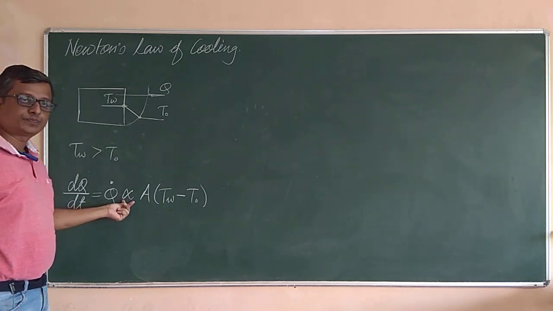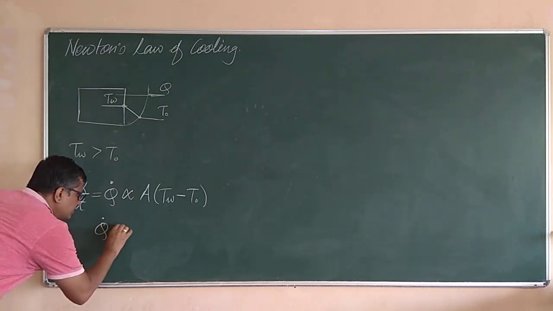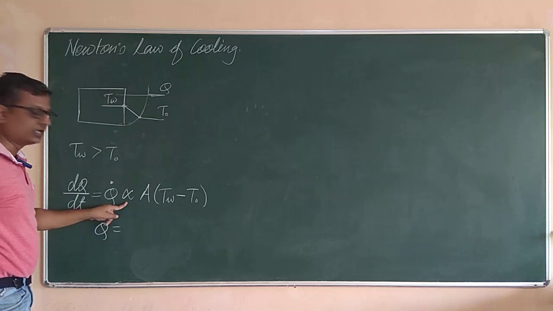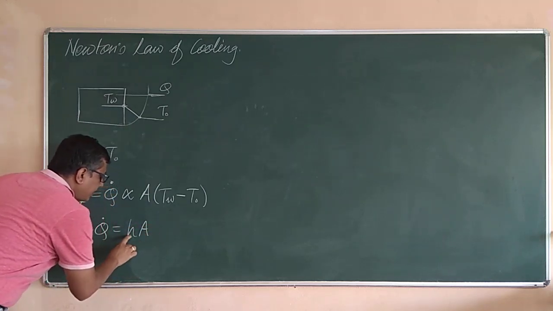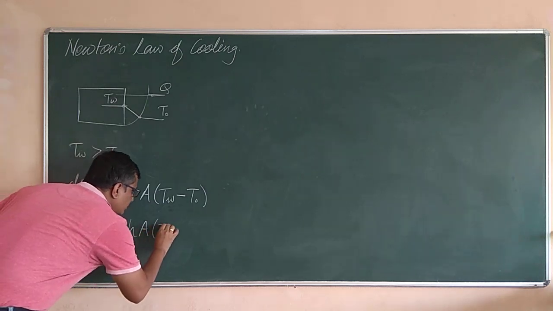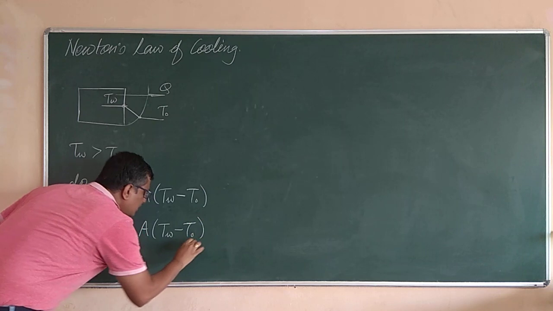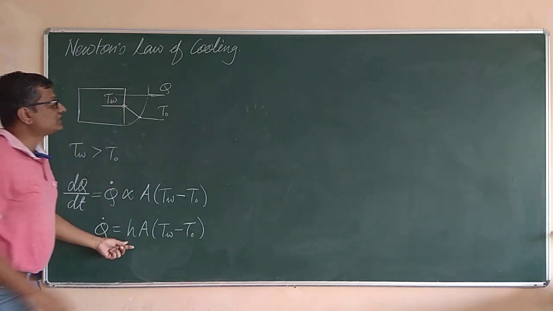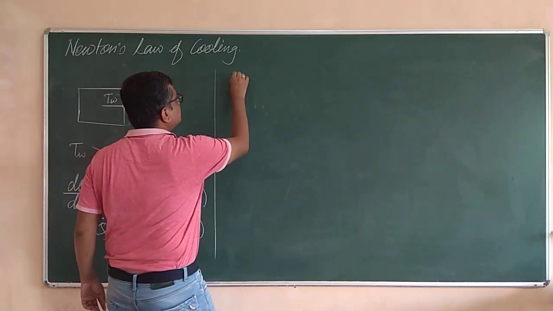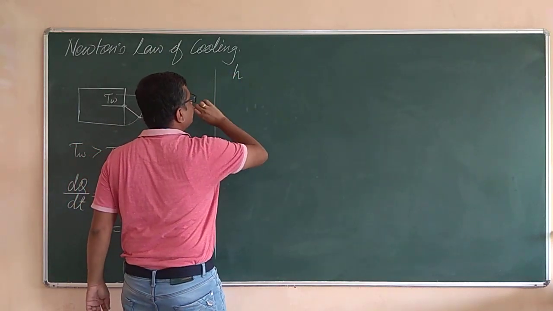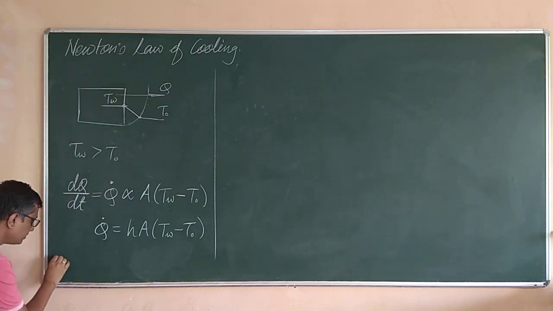Now if I remove this proportionality sign, I will get this q dot equal to, I need to bring a constant over here, a proportionality constant, and that constant is H into A into TW minus T0. So what is this term H? We have just seen that term H. The term H, I would like to write it over here.